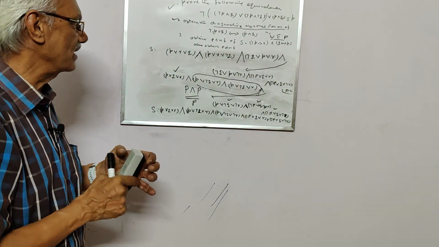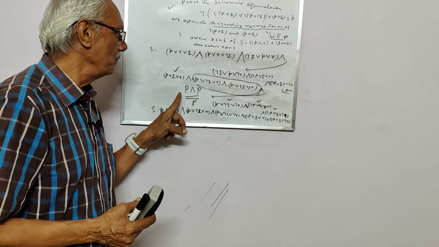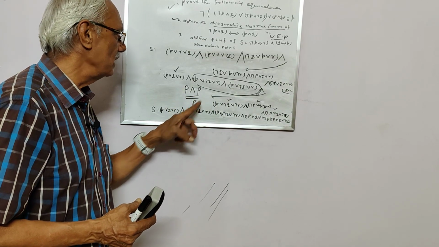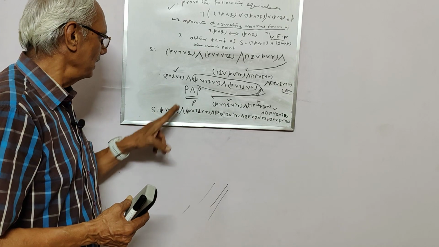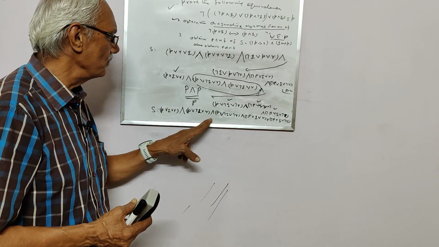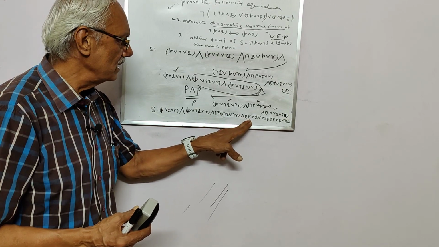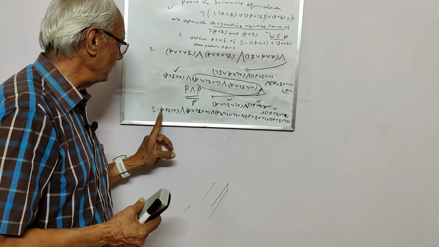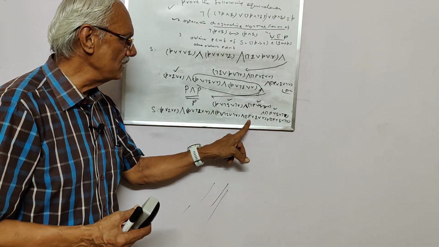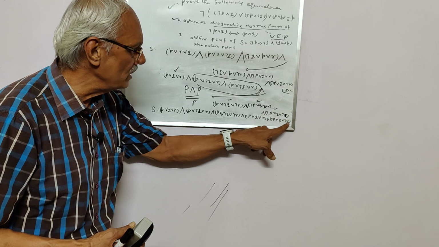Here I have combined this using the idempotent law, P intersection P is equal to P. Using that idea, I am getting P union Q union R, P union negation Q R, and P union negation Q union negation R, and the other terms are negation P. Starting with negation P, you have got 3 terms here: negation P union Q union R, negation P union Q negation R.